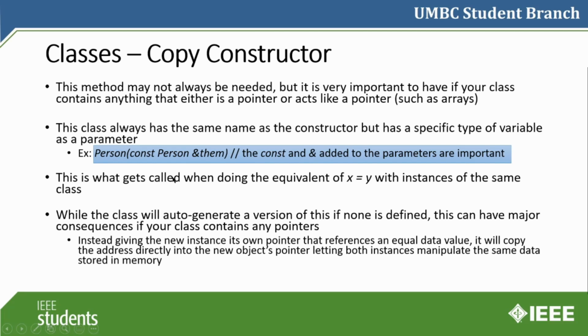We're not going to be covering what those do, but they are very important. The const means you cannot adjust the values of them, and the ampersand makes it so you can access the object directly.